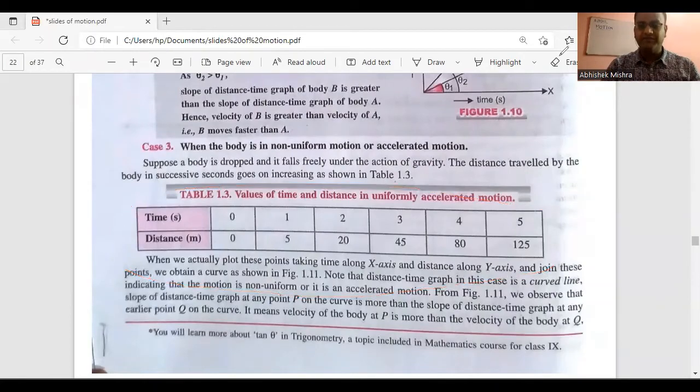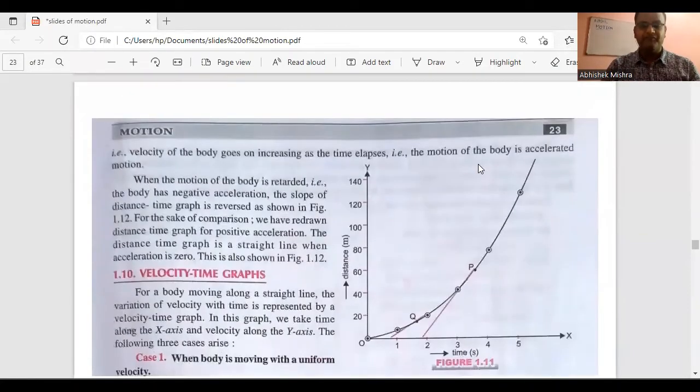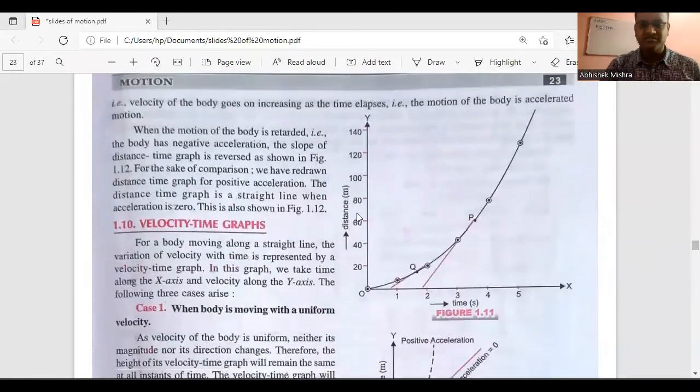So when we are plotting this distance on the y-axis and time on the x-axis, what will we get? We are getting a curved line. Got it? So this is a positive acceleration. Why is it said to be a positive acceleration?